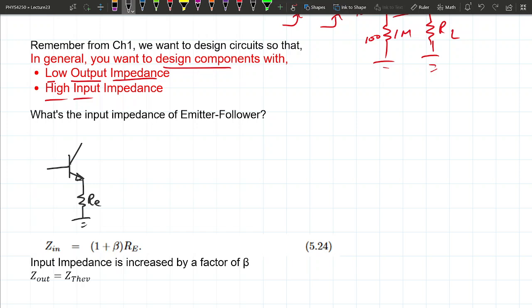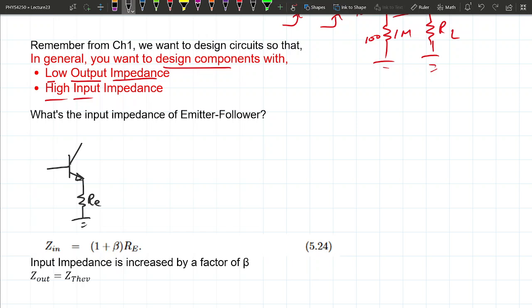So how do we determine the input impedance of something? You think about what's the input here and how much impedance is going to be needed in order for that current to reach ground. How hard is it to get to ground?